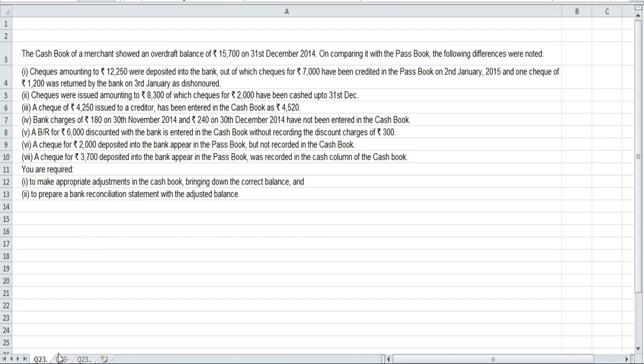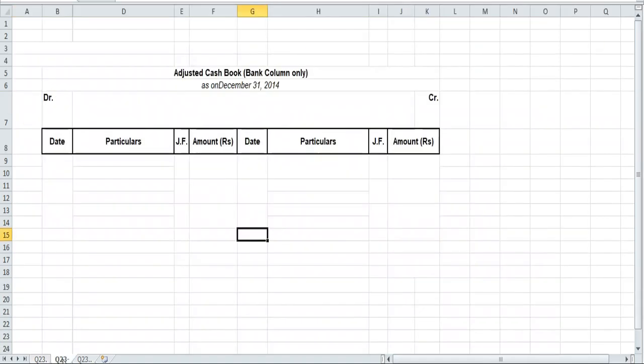So in this one, the new thing we'll learn to prepare is, I've made a format here, adjusted cash book, bank column only. It looks like a ledger: date, particulars, JF, amount, on both the debit and credit sides. The other name for this is the amended cash book.